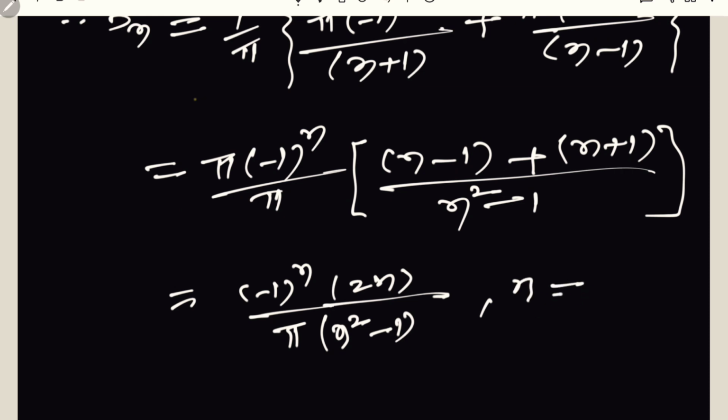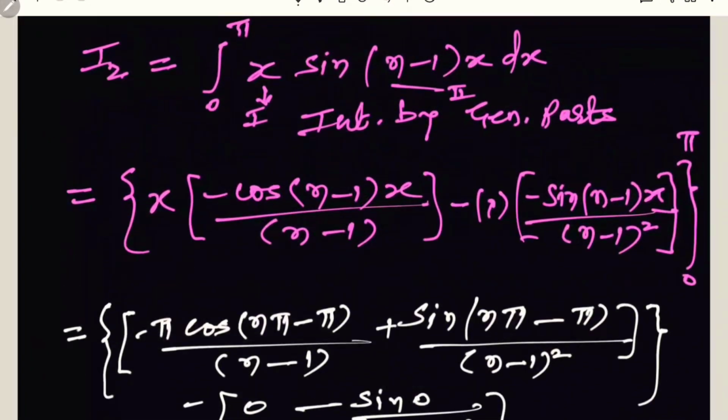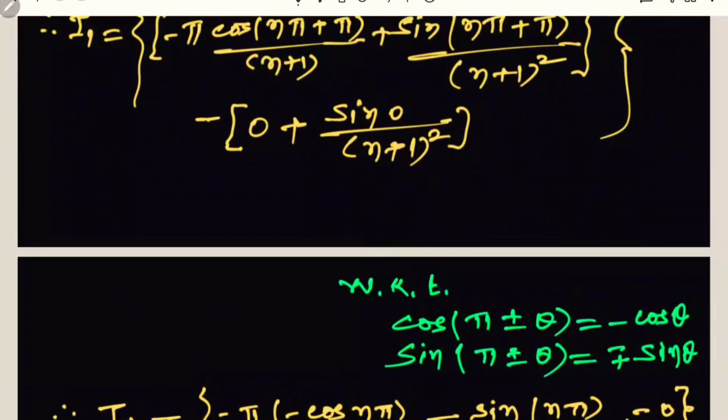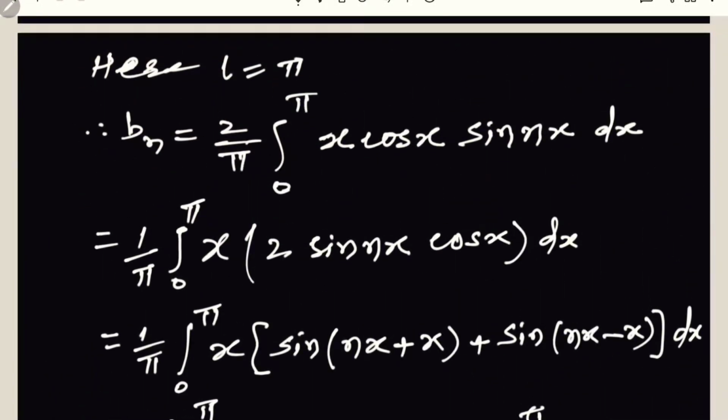And due to that term of n square minus 1, we have to impose the condition that n should not be equal to 1. Otherwise, it becomes meaningless or infinity. And therefore, we have to calculate the value of b1 separately using this step. We call this equation number A.